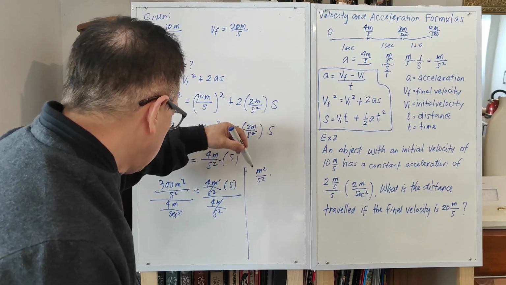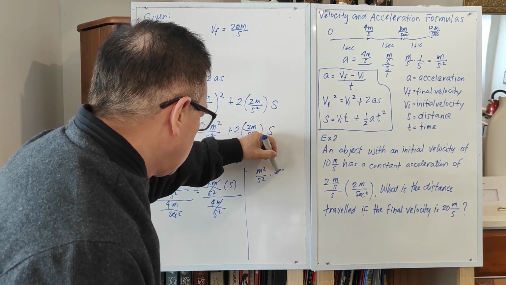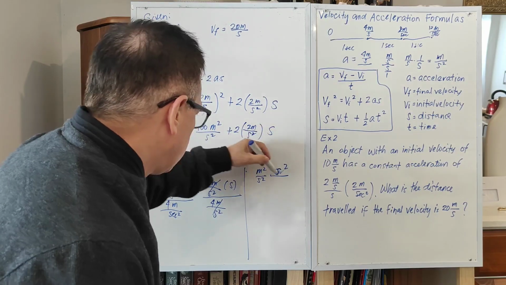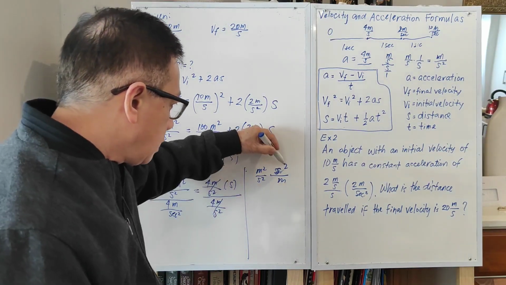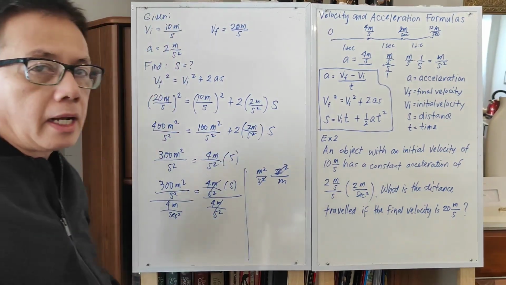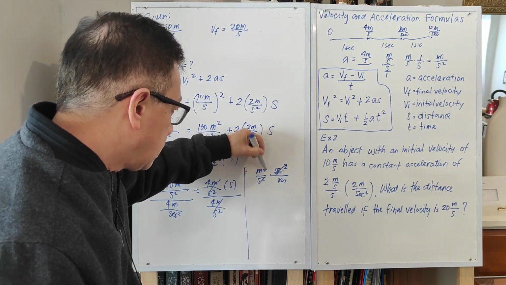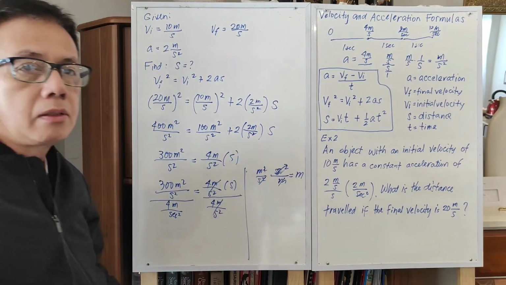This becomes seconds squared over meters. We did the reciprocal of this one. So seconds squared and seconds squared will cancel out. One meter will cancel out with meter here. What you will have left is meters.